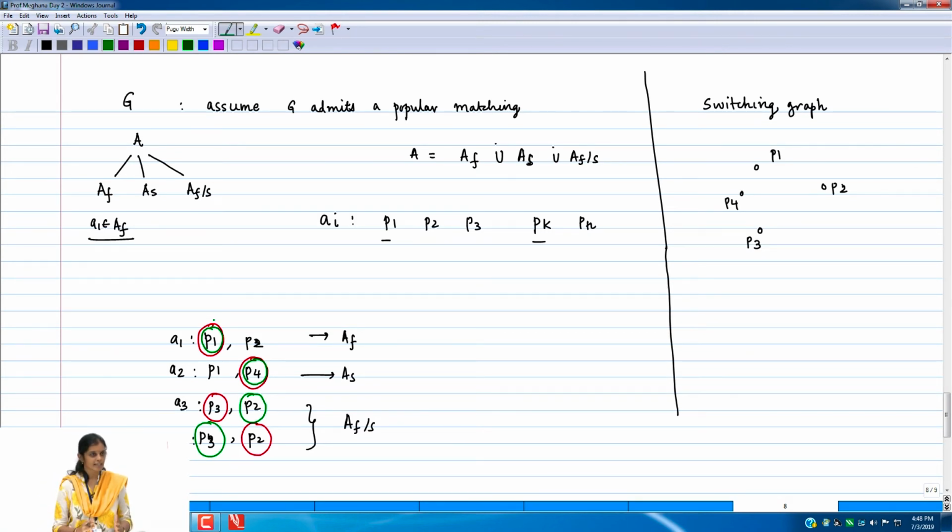So let's construct the switching graph with respect to one popular matching, which is the red popular matching. For every matching, let's call the red matching, you have M of A. Because it's a popular matching, every applicant is matched.